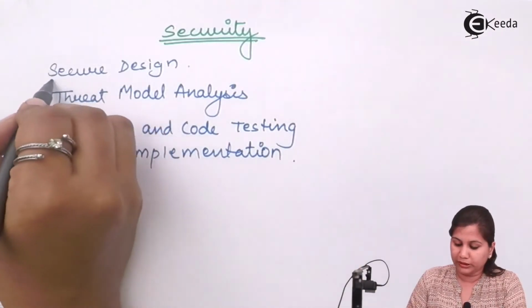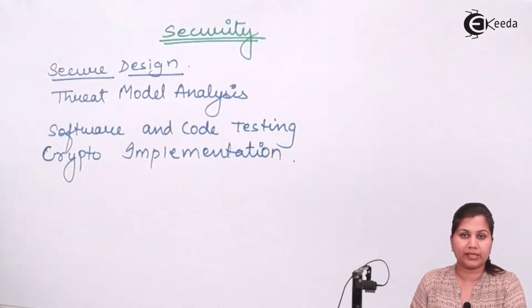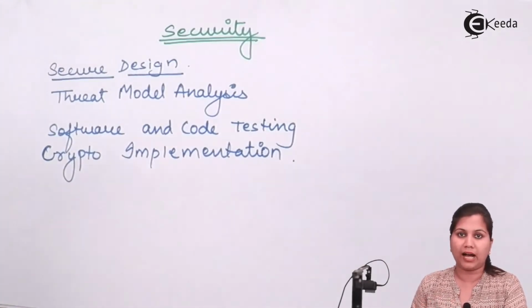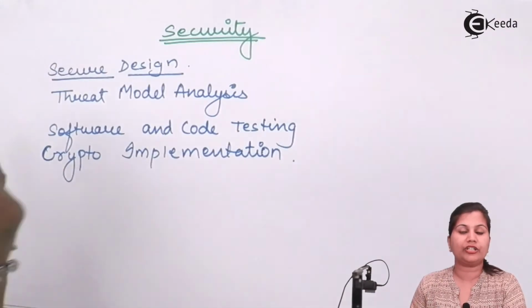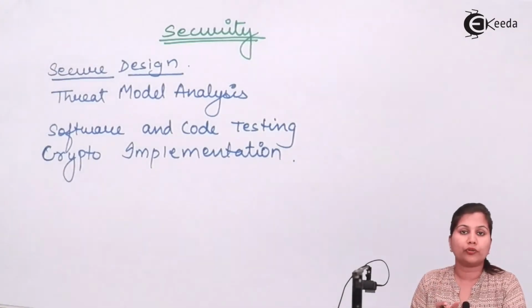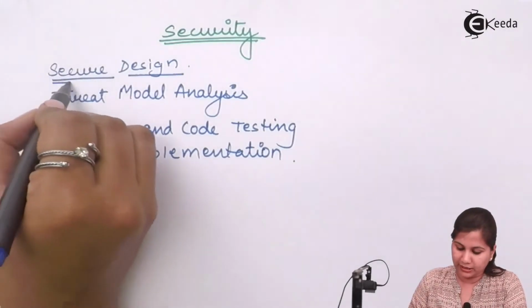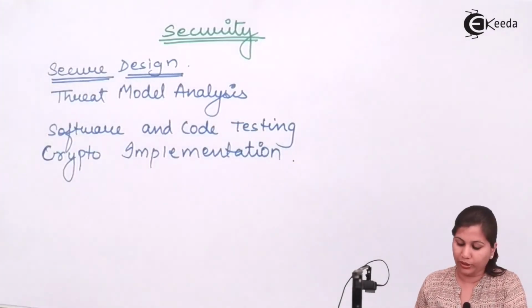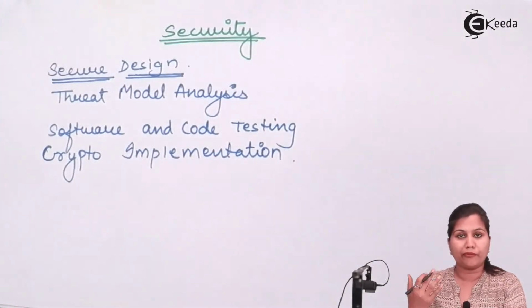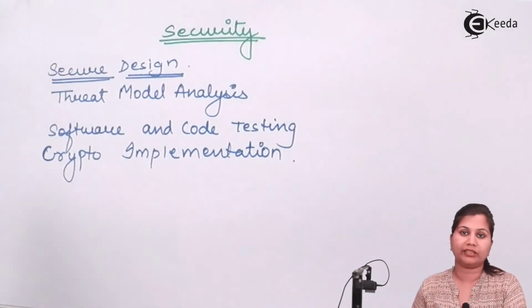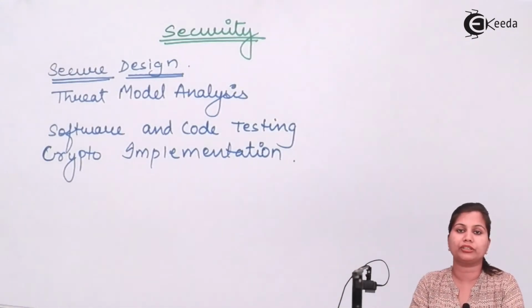First of all, the design of the embedded system, whether it is secure or not. Design means its architecture, and in the architecture it has different components. Whether these components are safe or not is checked in the secure design, according to the performance of the components and the requirements, whether the system is safe for that application.